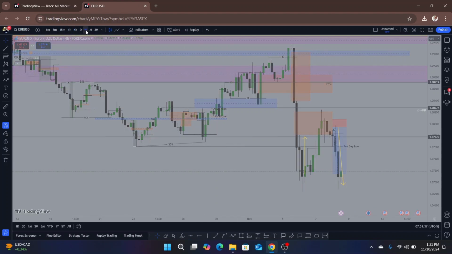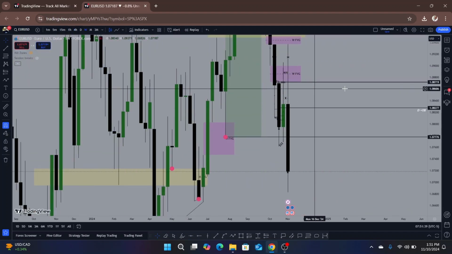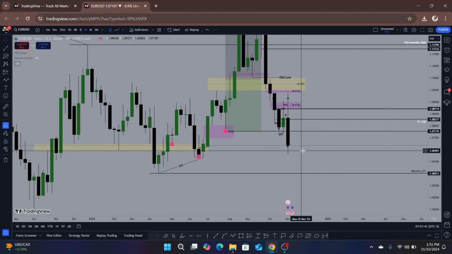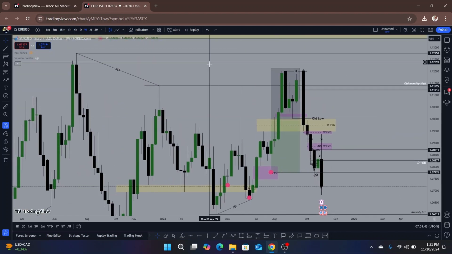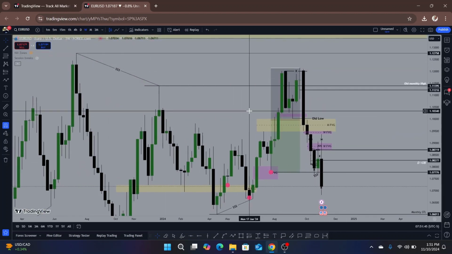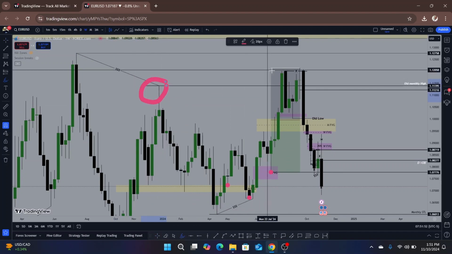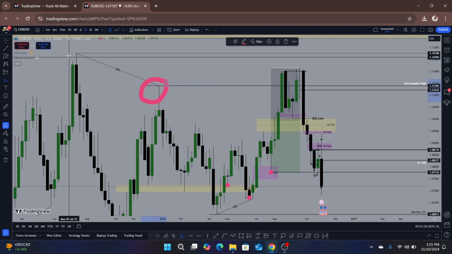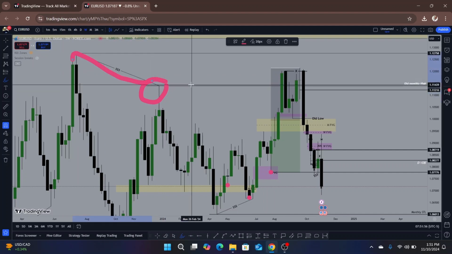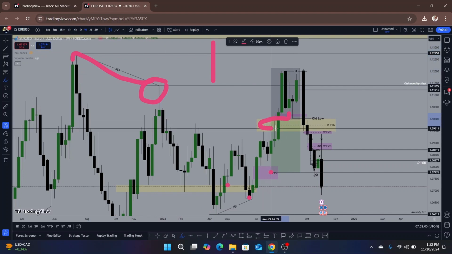So let's start from the higher time frame. On the higher time frame, we've been falling from this high that we can see right here, and you can see that we have this liquidity. I wanted to see price run out liquidity using this monthly fair value gap.